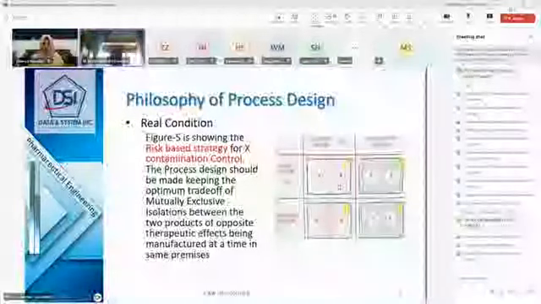But in real life, it lies between P and S. The smaller this overlapping region is, the more you are complying with the contamination control strategy. This is the basic philosophy of the process design of any pharmaceutical industry or manufacturing plant.